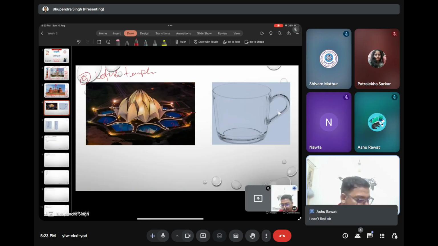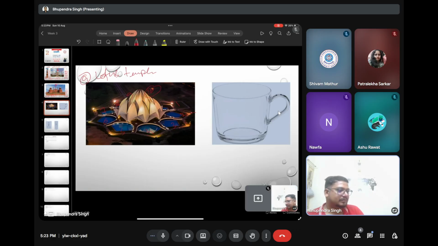I can't find, sir. 7, 8, 9 and 10. Okay, anyway, leave this example. Maybe in the next class I'll try to show the full image of this, because it is difficult to explain for you. Anyway, moving to this.